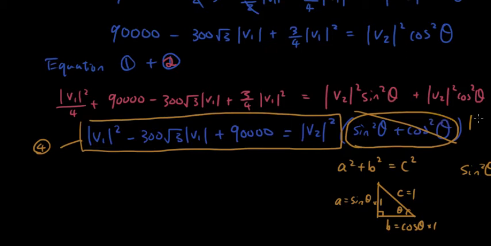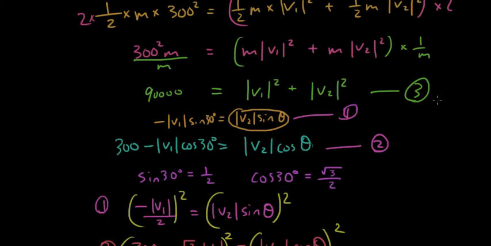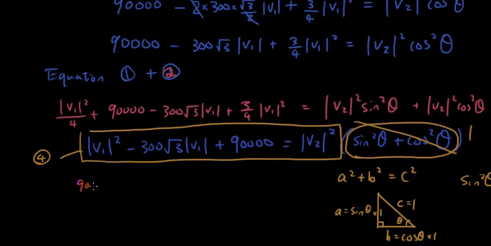Now I'm going to go back to equation 3, which was formulated from the kinetic energies. It's got 90,000 is equal to v1 squared plus v2 squared. And if I rearrange this, I can get v2 squared is equal to 90,000 minus v1 squared.